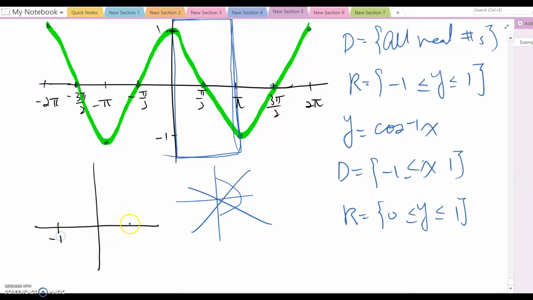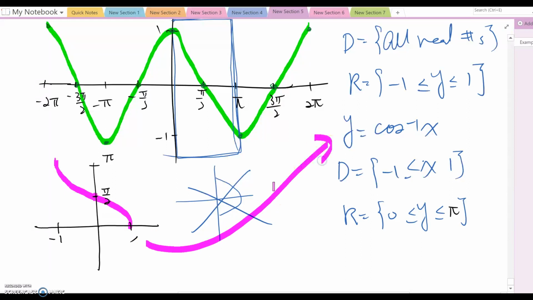So negative 1, 1, 0 and, oh actually sorry, it's pi, 0 and pi right here, and then pi over 2 may be located here, and as you know, when it was pi over 2, the value will be 0, and pi then negative 1, 0 and 1 here. So I can conjecture the graph looks like this. This will be the cosine inverse function graph.